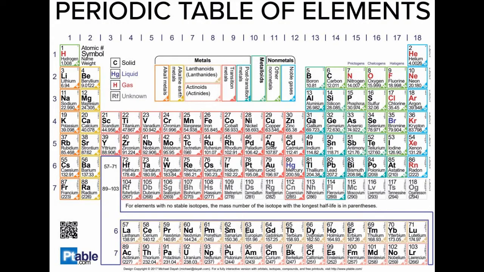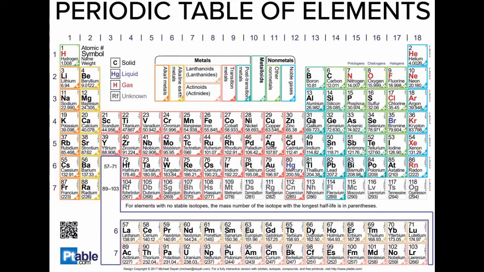We're going to look at the trend, whether it increases or decreases as we go up, down, right, left on the periodic table. We're not going to look at specific values. You can do the math when you get to high school. We're just going to go over concepts.